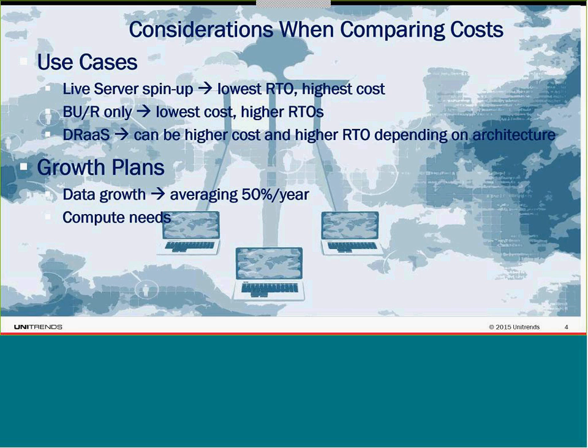The lower or lowest recovery time objective points typically come with the higher or highest cost for live server spin-up. There are also options for backup and recovery only, and this is basically an area where you're backing up a VM to a lower cost storage point in one of these public clouds. It provides perhaps the lowest cost, but also you're dealing with higher recovery times as a result.